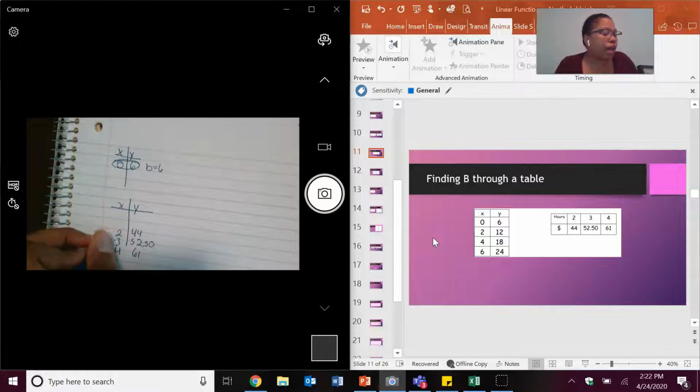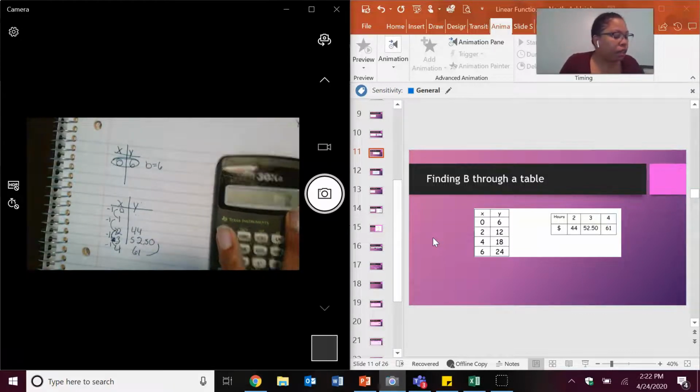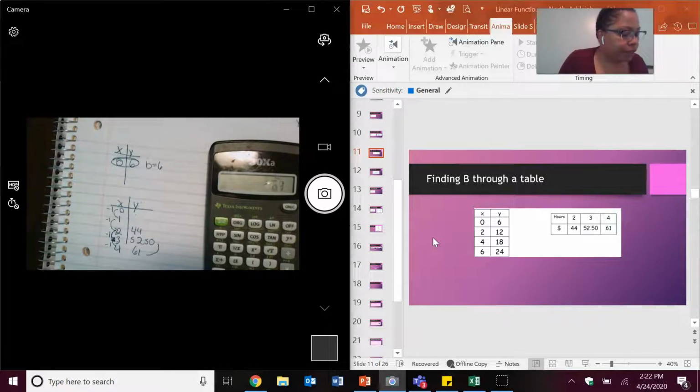I know that if I came from here to here, it was 1. So to go here to here, I'm still doing that. And I'll even go this way to keep our pattern going. From 4 to 3, I minus 1. From 3 to 2, I minus 1. From 2 to 1, I minus 1. And from 1 to 0, I minus 1. And remember, I want my 0 to be matched up. So how did I get here? To get from 61 to 52, I'm going to have 61 minus 52, 9.